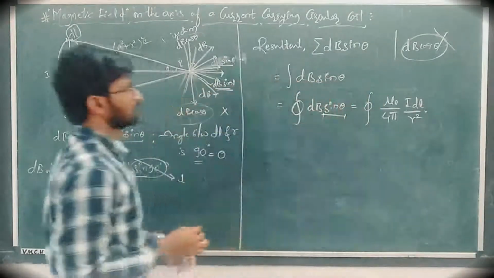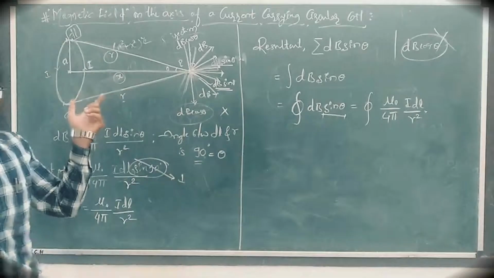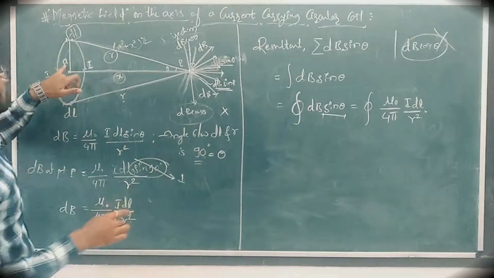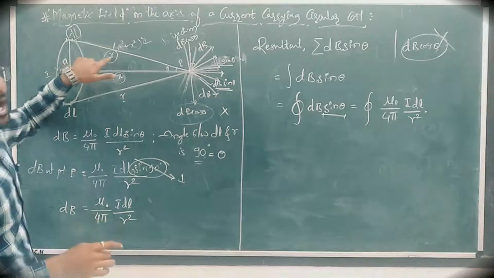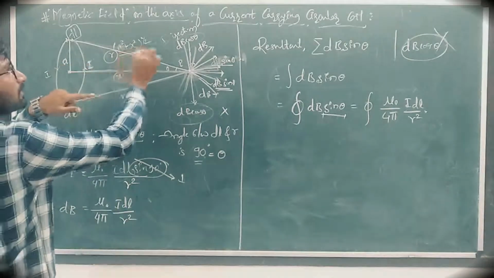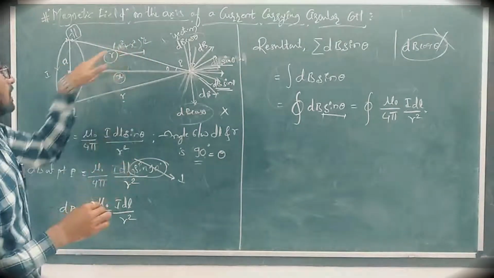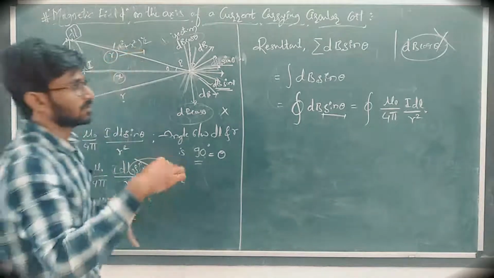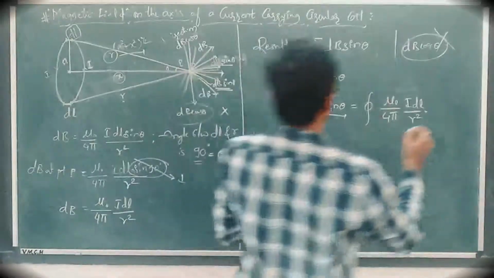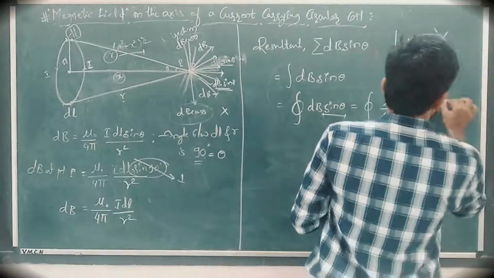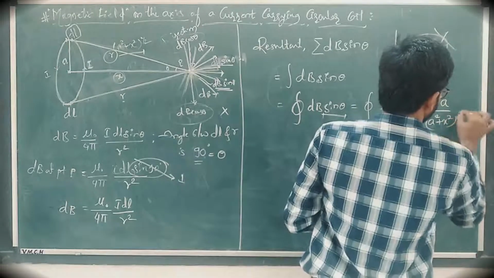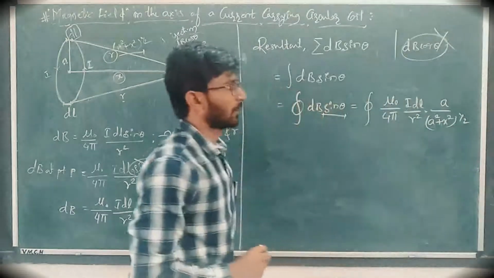Just look at this figure, what you are getting for sin theta here is simply a by r. But r we can write as a square plus x square to the power 1 by 2. So now I can write it like this: a by a square plus x square to the power 1 by 2.